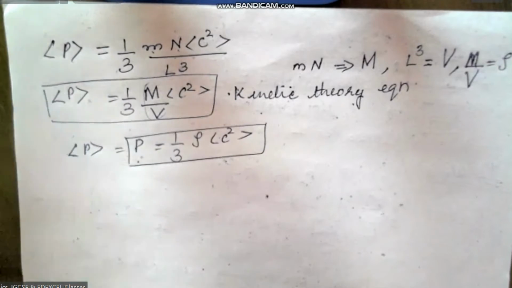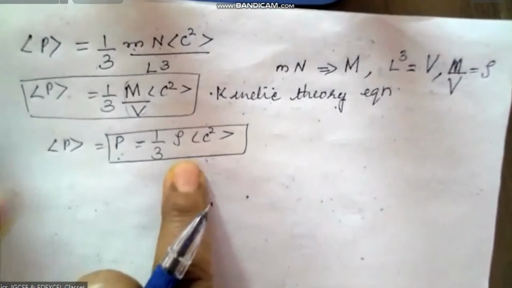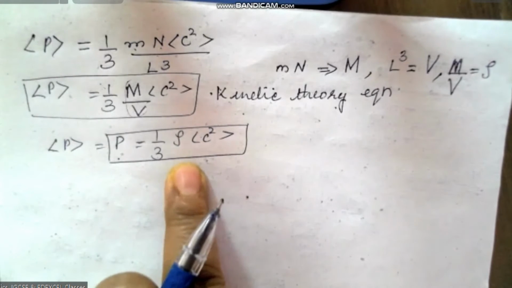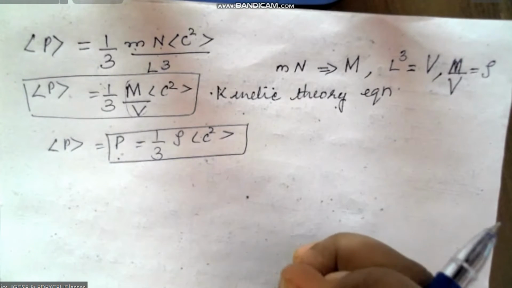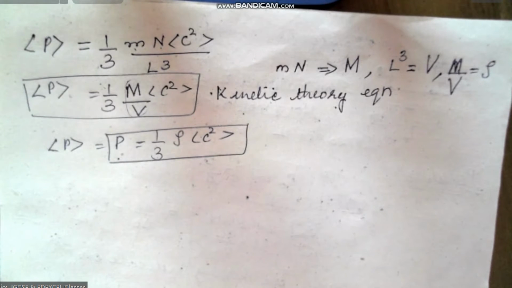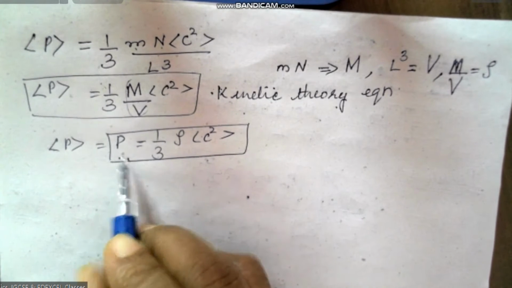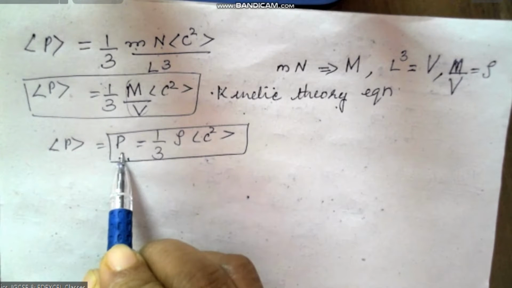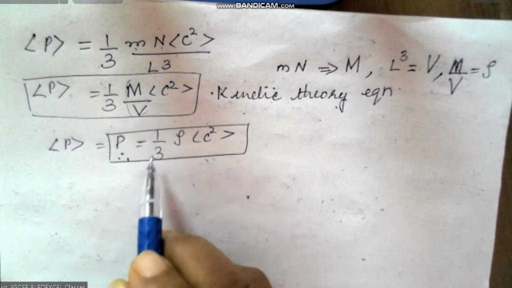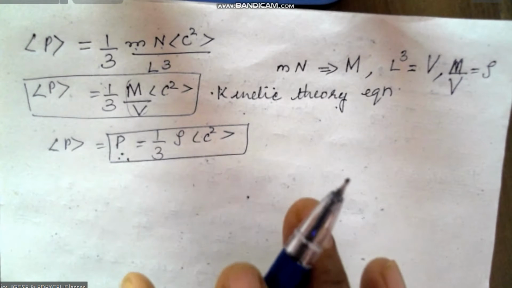Very easy formula. Then you can expand the rho, come back to this, and keep on expanding to reach the earlier steps. So this is a formula to find the pressure exerted by a gas on the walls of the container.